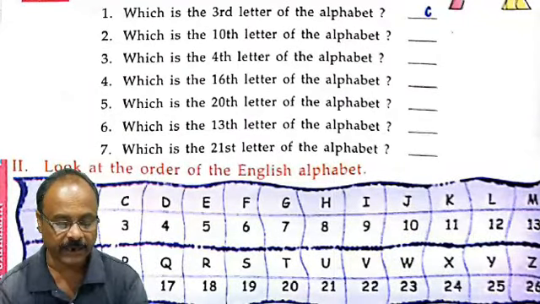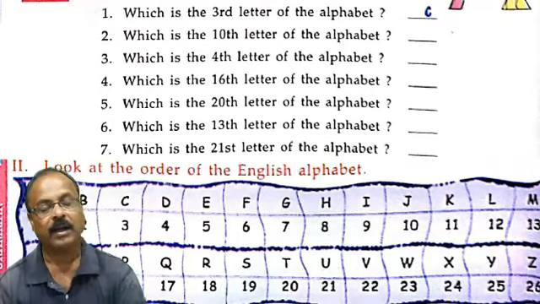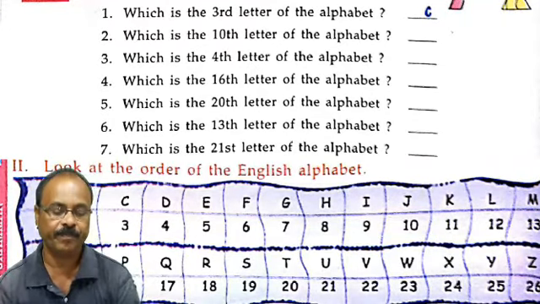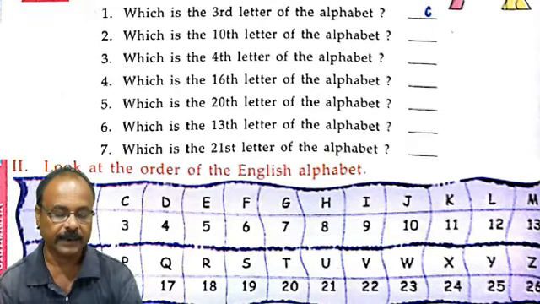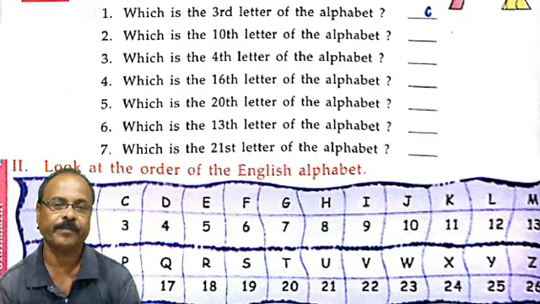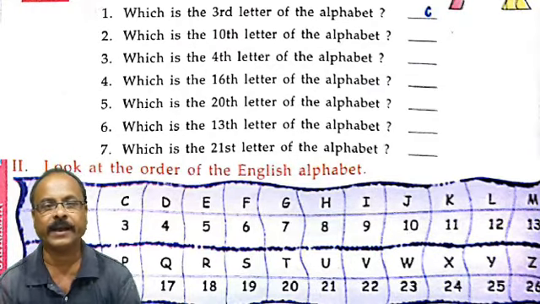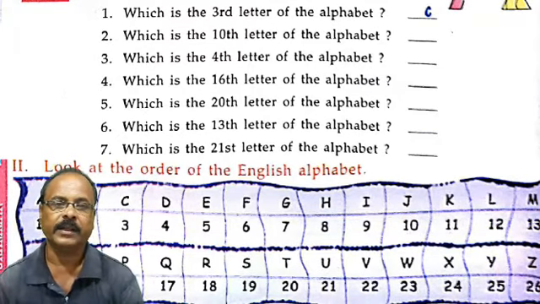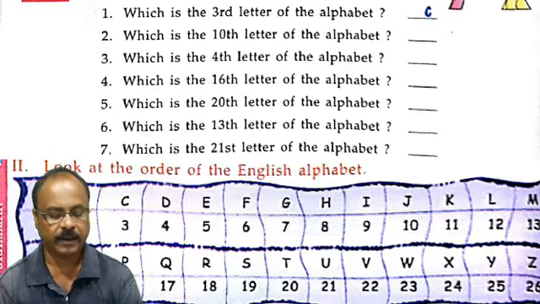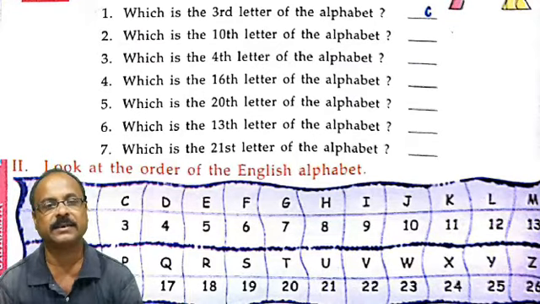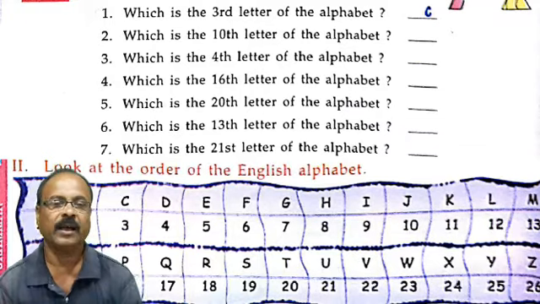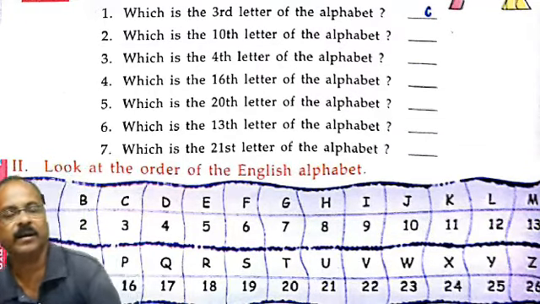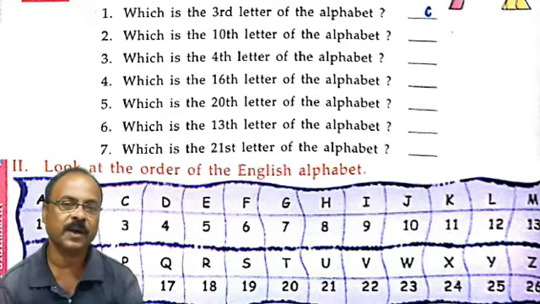Look at the order of the English alphabet. Here is the first line for you. It has been written from A to Z, and below the line the above said numbers are given. Suppose A stands for 1, B stands for 2.